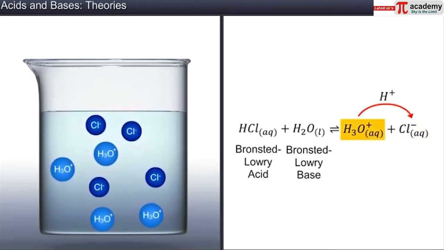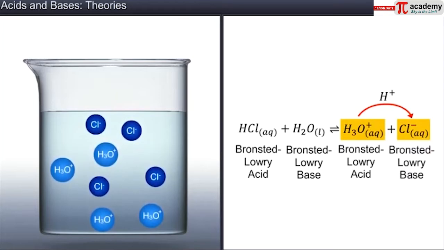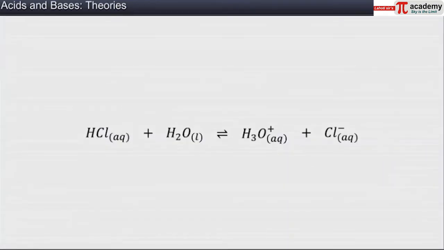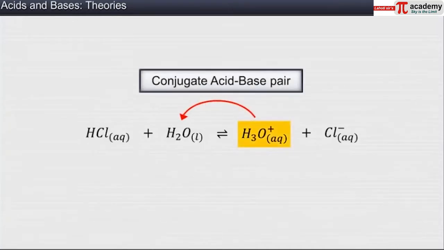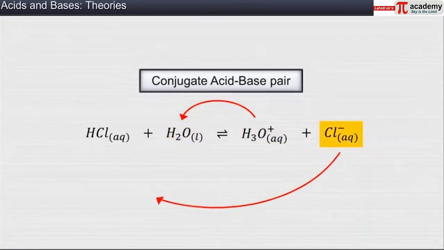Thus, the H3O+ and Cl- ions act as Bronsted-Lowry acid and base, respectively. Observe that the H3O+ ion, H2O, and the HCl and Cl- ions differ from each other by a proton only. Therefore, you can say that H3O+ is the conjugate acid of the base H2O, and Cl- is the conjugate base of the acid HCl.